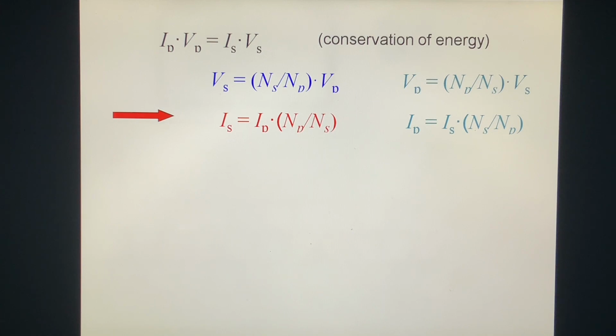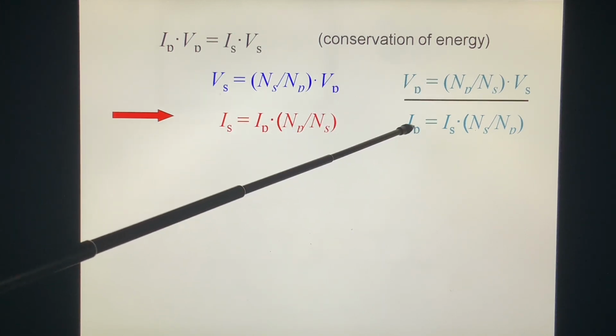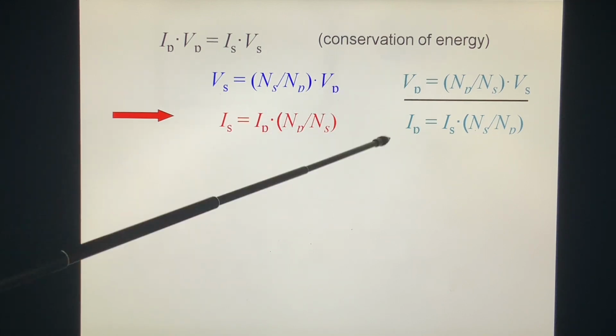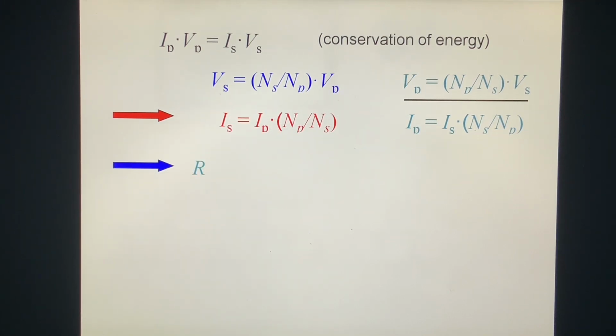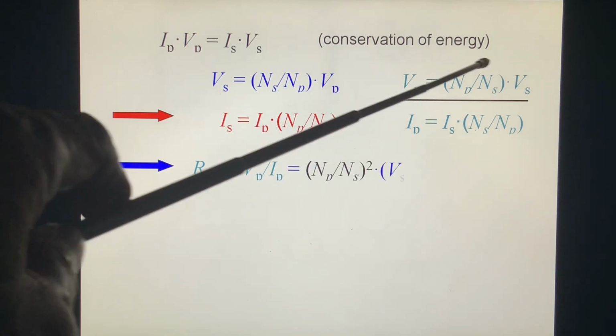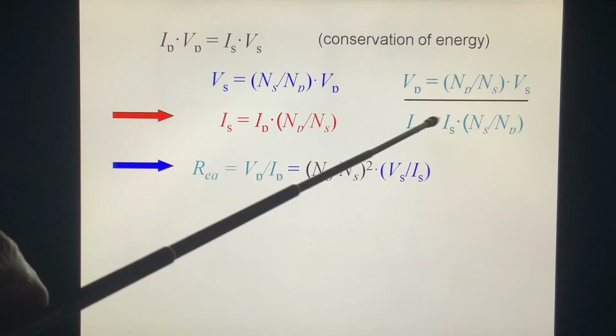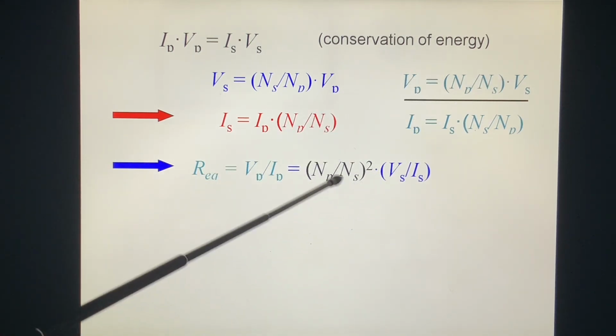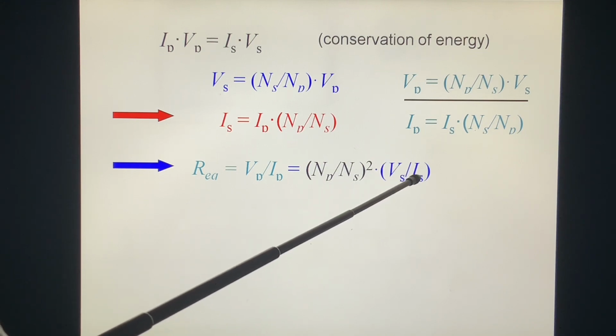We divide Vp over Ip. We know Vp over Ip is Rp. This is the equivalent R from the primary point of view. So this is Np over Ns squared times Vs over Is.